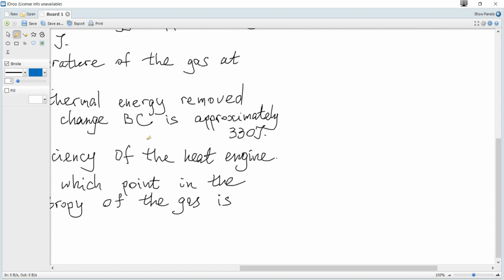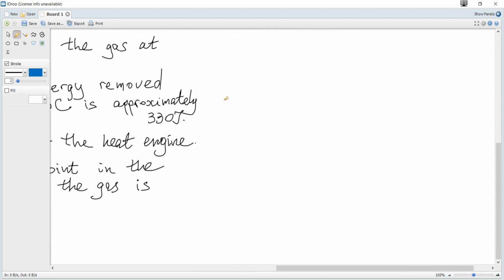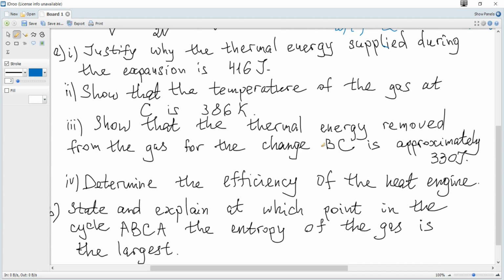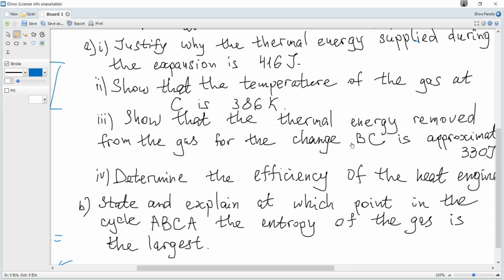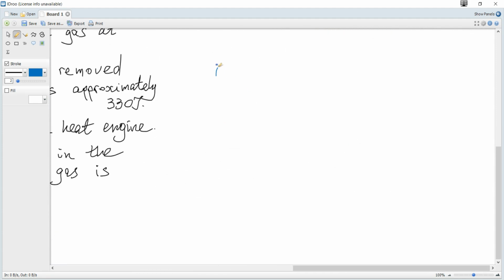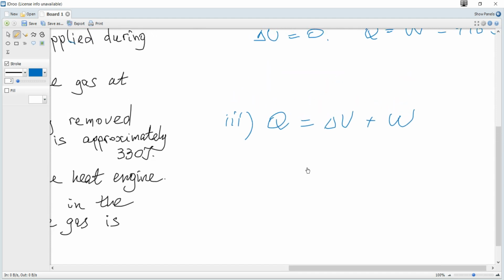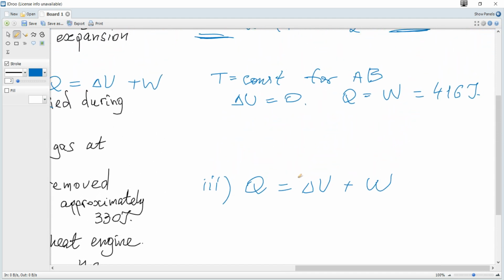It's about this formula, which is the first law of thermodynamics, or just the law of conservation of energy, and Q is the change in internal energy of a gas and work done by the gas. In general, if energy is supplied, it's positive, and energy can be removed, so it will be negative. So what is delta U?